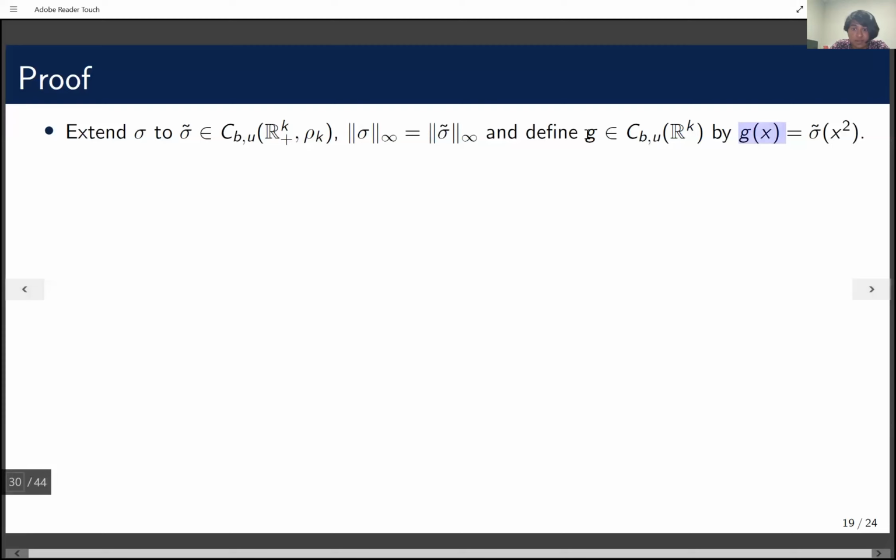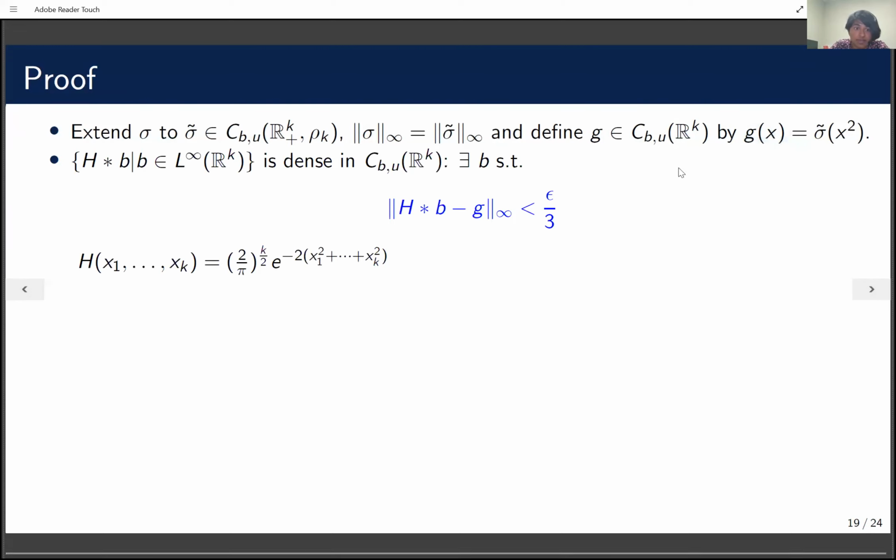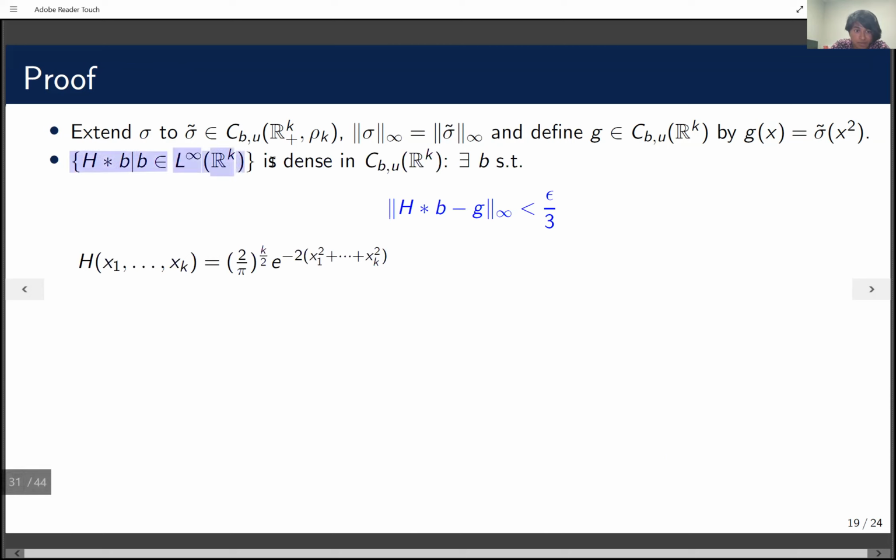And then this is going to be in CBU(R^k) in the usual sense. So it's going to be uniformly continuous in the usual sense. And so we have this result.